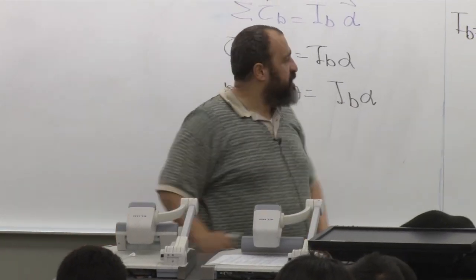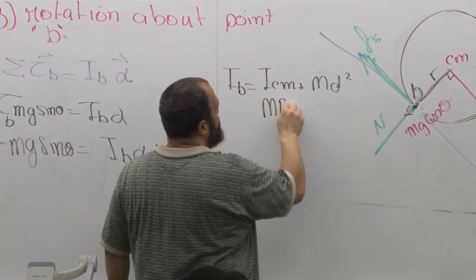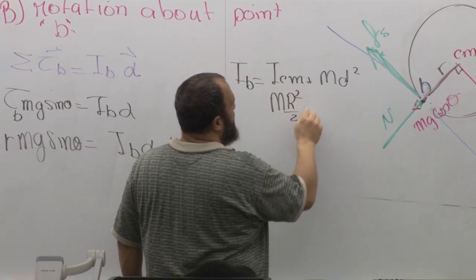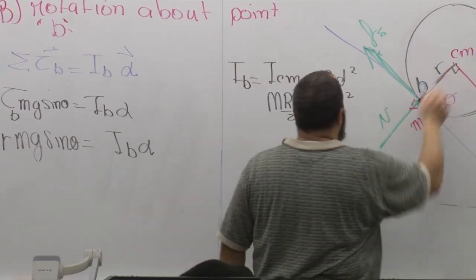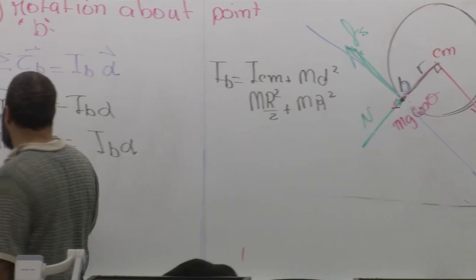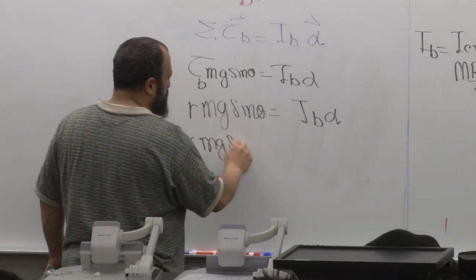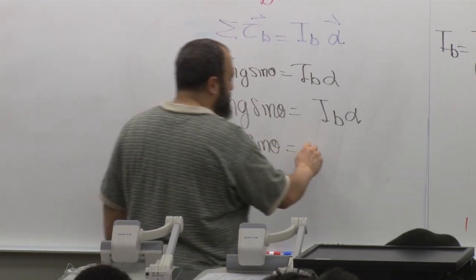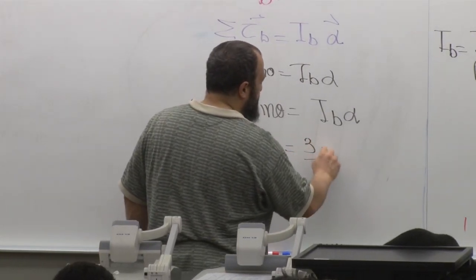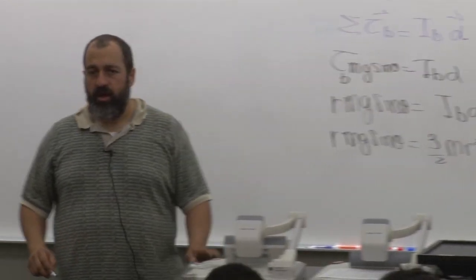So I CM is mr squared over 2 plus mr squared, because the distance between the two axes is r. Therefore, r mg sine theta, the torque of mg sine theta, equals I about B, 3/2 mr squared, alpha. Okay, guys.